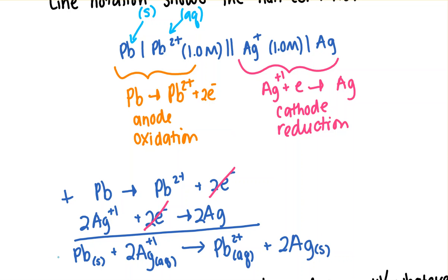So this reaction is our complete reaction. When it asks you to write a complete one, you have to figure out what's going on with the electrons. And just a note, we'll be using this later. There were 2 electrons being transferred in this, and later on we'll use that for N. N is the number of electrons being transferred.